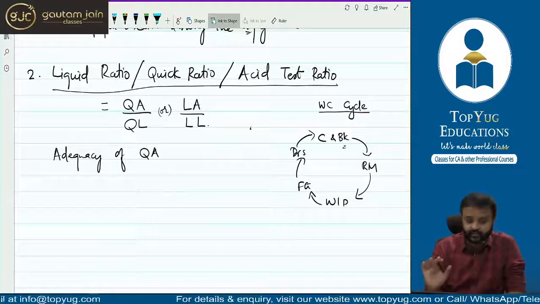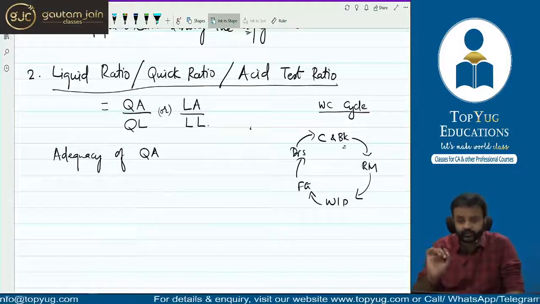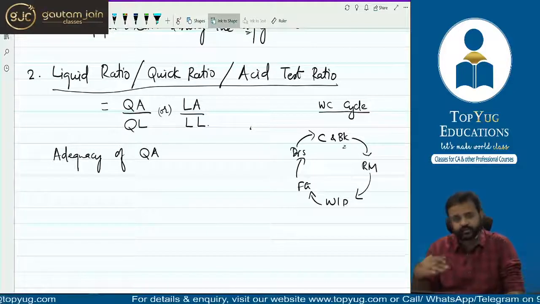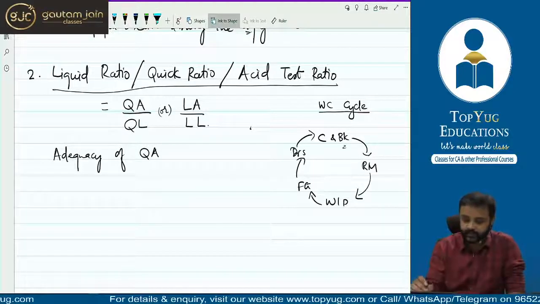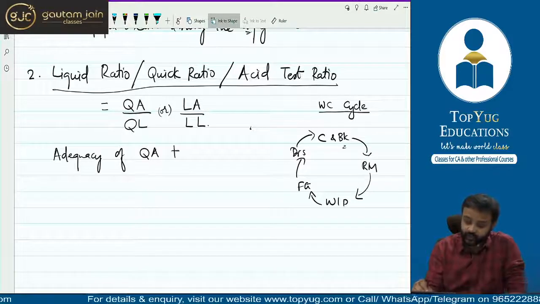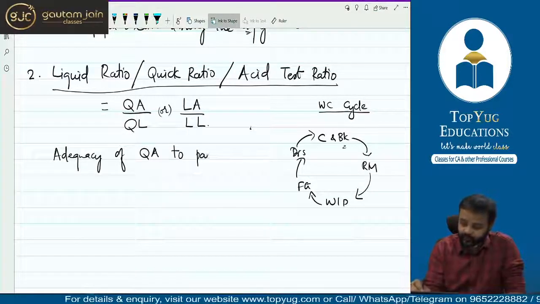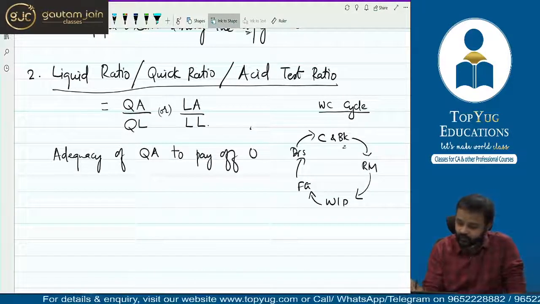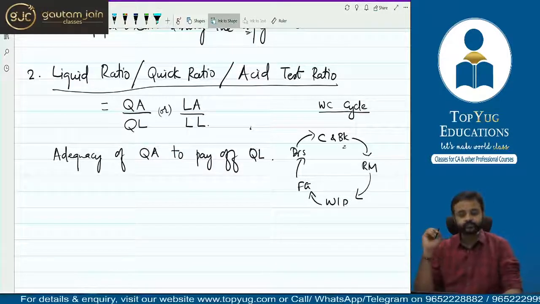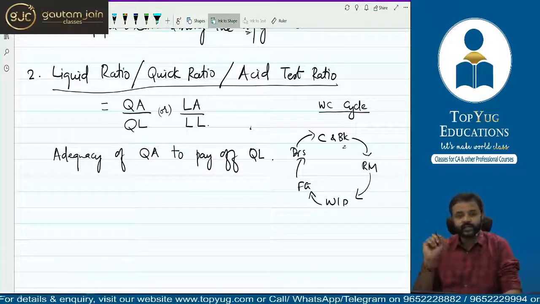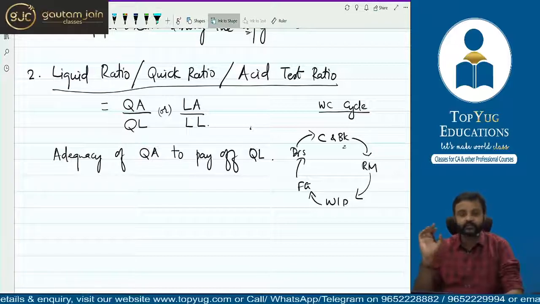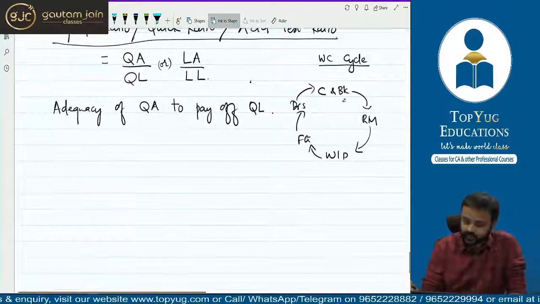I've written it directly in short, but please make sure that you first write quick assets and then denote it by QA, and then you can always write QA later. So adequacy of QA, that is quick assets, to pay off quick liabilities is nothing but the quick ratio.